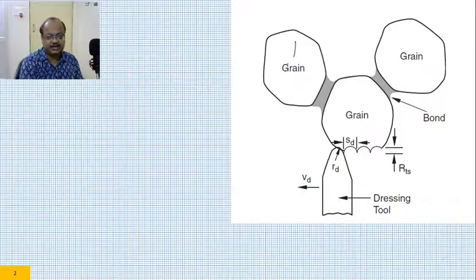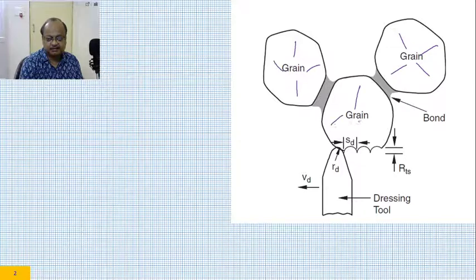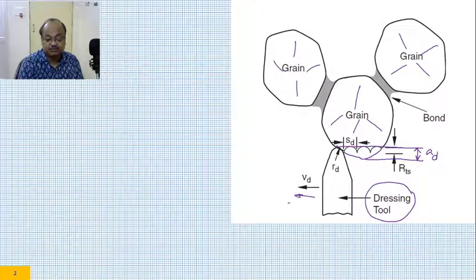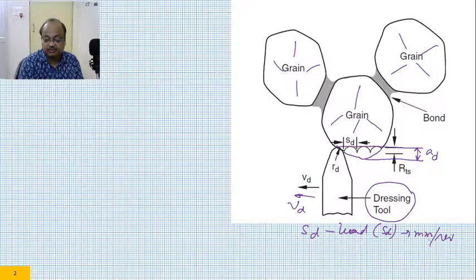So these are the different grains or abrasive grits. This is your single point dressing tool, dresser. This is your AD, and this is moving in this direction with VD, which gives rise to a lead of SD, which is millimeter per revolution of the grinding wheel.